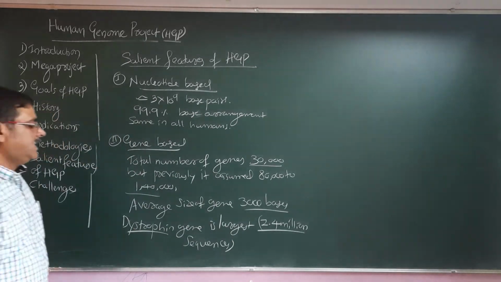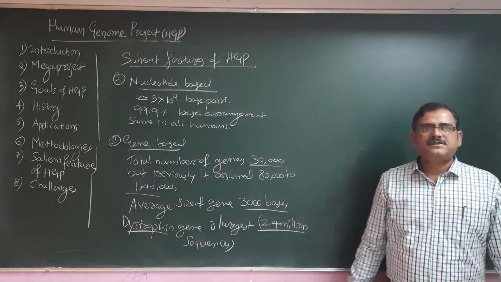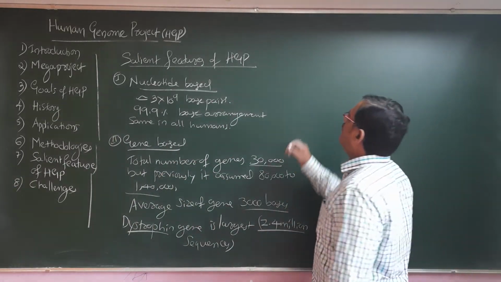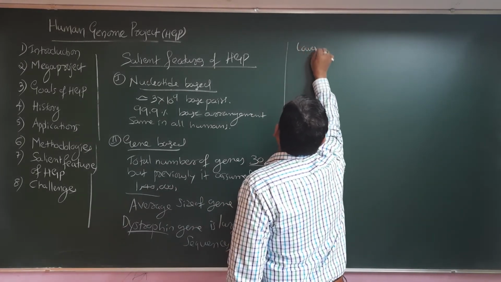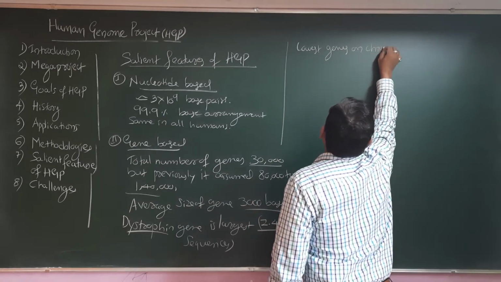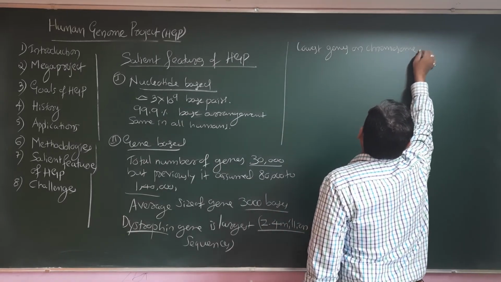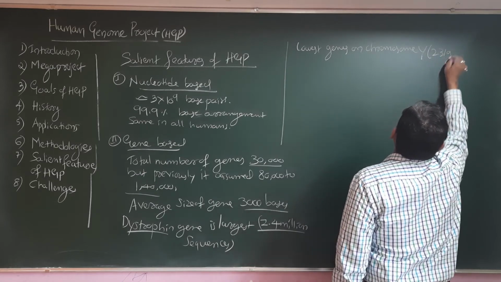And then the lowest number of genes is on chromosome Y, okay. It has hardly 231 genes.